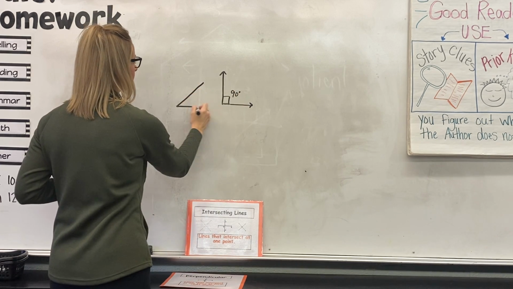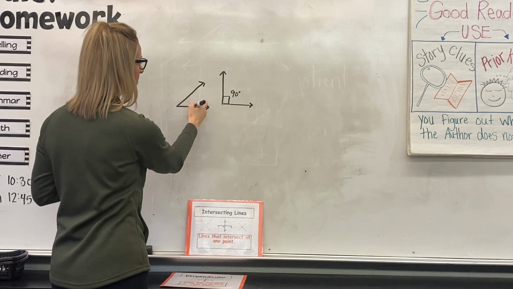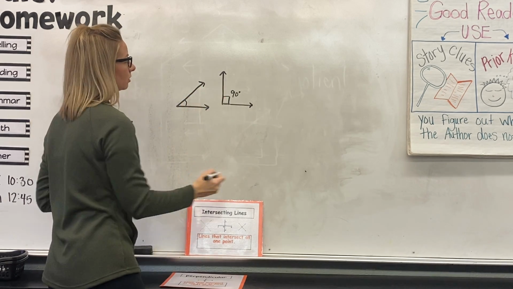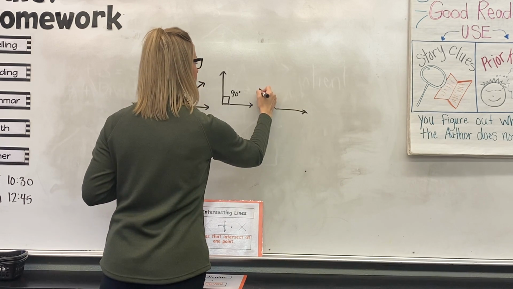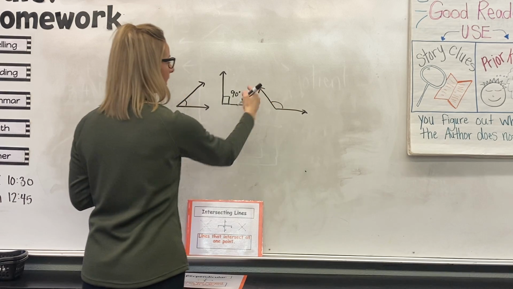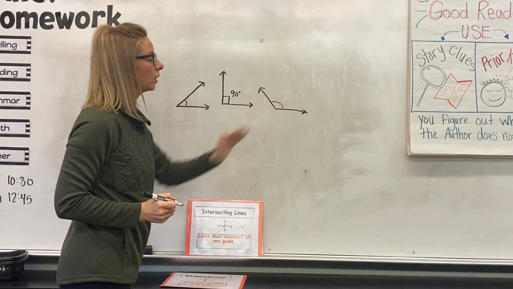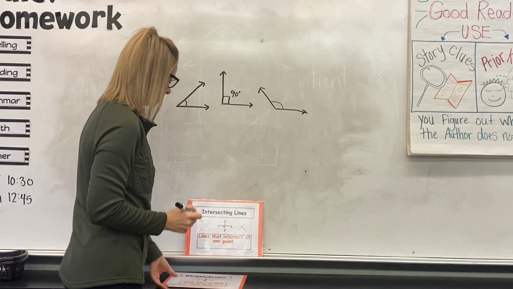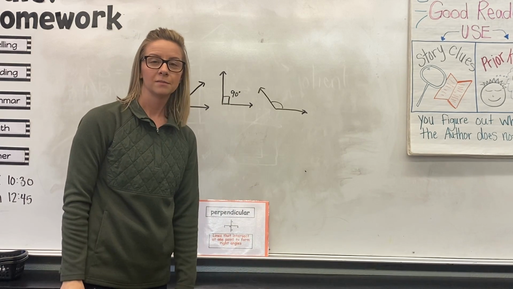Okay, an angle that looks like this is not a right angle because it's actually smaller than 90 degrees. And we'll learn that kind of angle later. And then this angle is larger than 90 degrees, so it's not a right angle because you cannot draw a square corner. Okay, and those are your vocabulary words for Lesson 1.